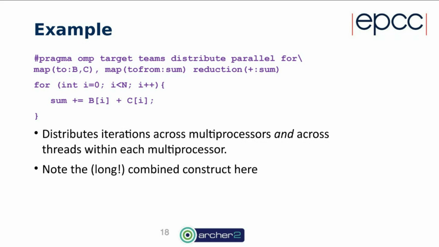That basically says offload the code to the device, create a bunch of teams, distribute the loop iterations between the teams. Each team creates a parallel region, a set of threads, and then also distribute the loop iterations across those threads as well. So this will distribute the loop iterations both across the streaming multiprocessors on the GPU and across the multiple threads within each multiprocessor.